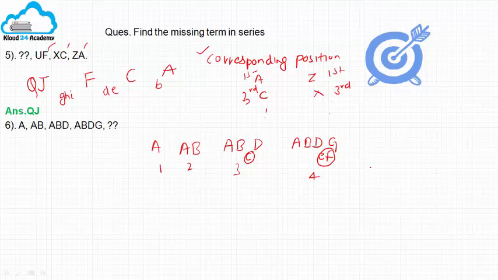There were 4 alphabets here. So now there will be series of 5 alphabets, and this will repeat A, B, D, G. Here they left 1 alphabet. Here they left 2 alphabets. Now we have to leave 3 alphabets, H, I, J. So K we'll write here, and this is the answer. So I hope you were able to solve these 2 questions.